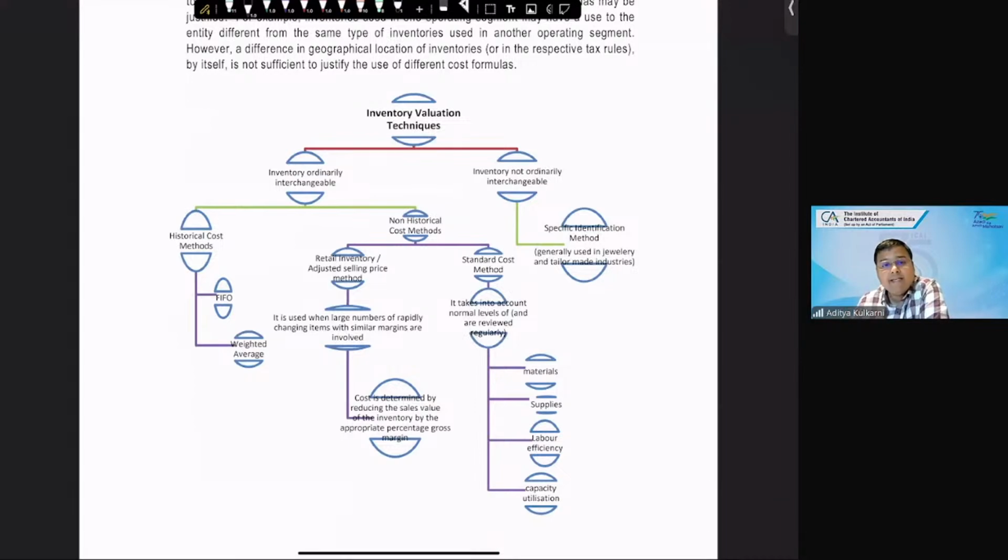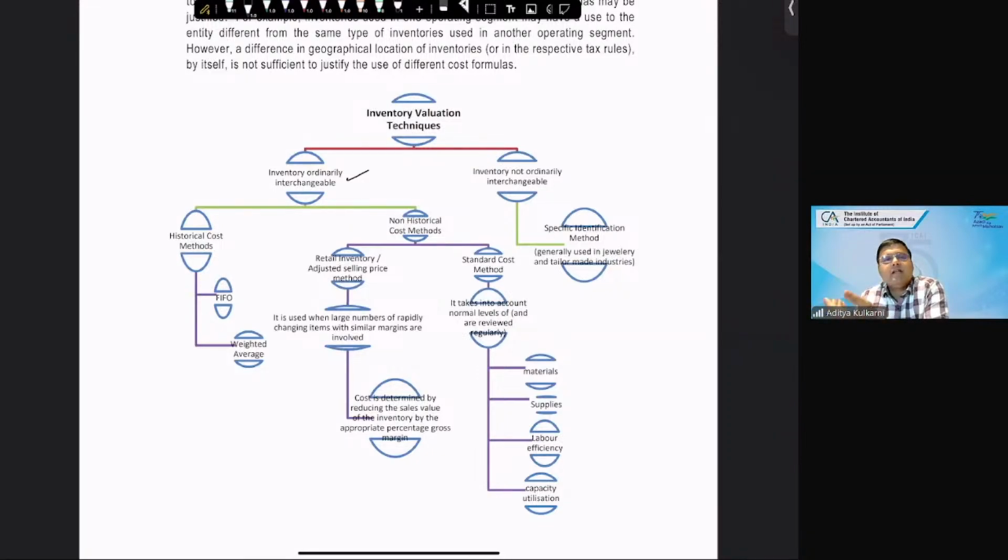So inventories can be broadly categorized into two types. The first one is inventory ordinarily interchangeable. What do you mean by this? If I manufacture something, Mamta can also purchase, Abhishek can also purchase, Jeannie can purchase, Pooja can purchase, Niranjan can purchase, anybody can purchase.